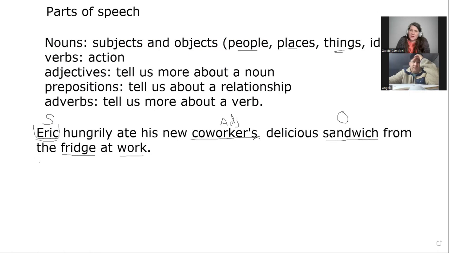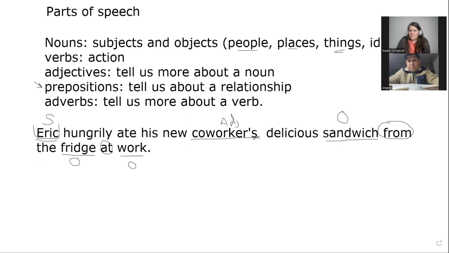So here's our subject. We have an object. These two things are also objects. We call them objects of a preposition. So now we're going to jump down to the preposition, because we have this preposition here, and this preposition here.